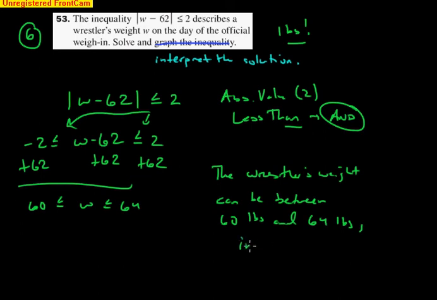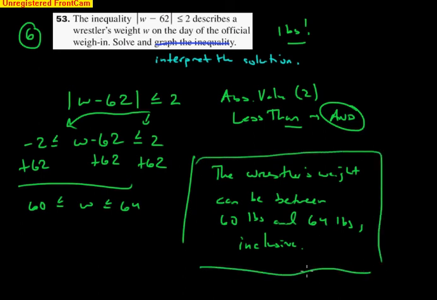Inclusive means that's the equal to part. And there we go. All right. So this is some sort of a weight class. Maybe it's a middle school wrestling. I don't know. 60 to 64 pounds is where this wrestler can be. Pretty small weight class. But there you go. That's how you interpret the absolute value inequality's solutions.